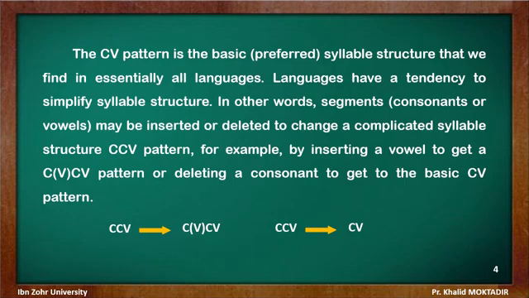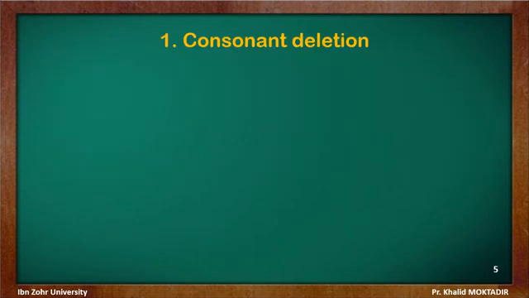In other words, segments, consonants or vowels, may be inserted or deleted to change a complicated syllable structure, for example, CCV or VCC, etc., by inserting a vowel to get a CVCV pattern, or deleting a consonant to get to the basic CV pattern. In all cases, the aim is to reach the basic syllable pattern.